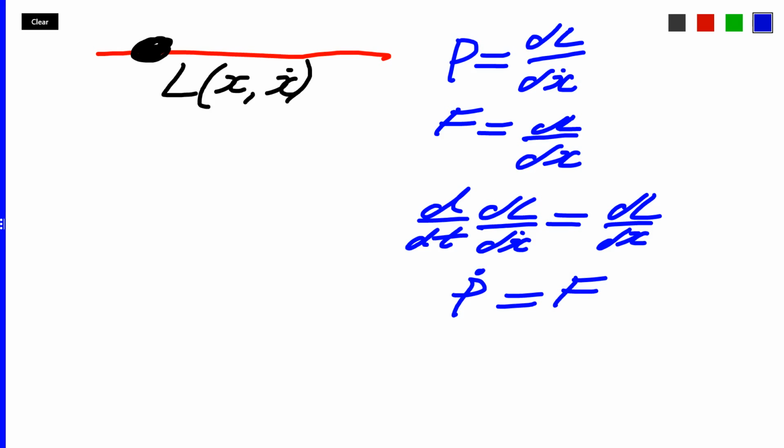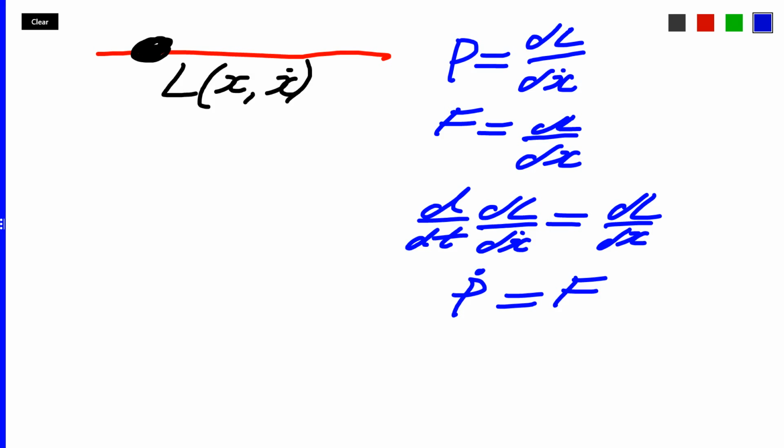Brilliant. So that's literally just how Lagrangians work, and we get this beautiful little tiny relationship for this particle. The force is equal to the differential of the momentum with respect to time.